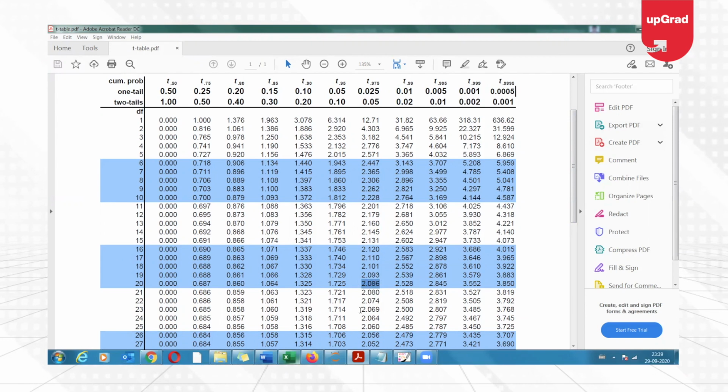Okay, so this is 2.086, this value for n is equal to 20, critical value of 0.05, and I am doing a two-tail test. So let's take this value.